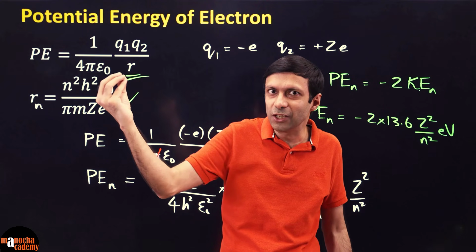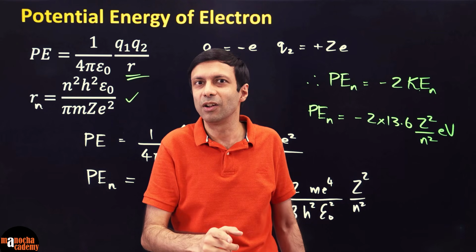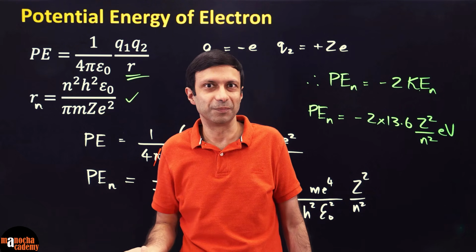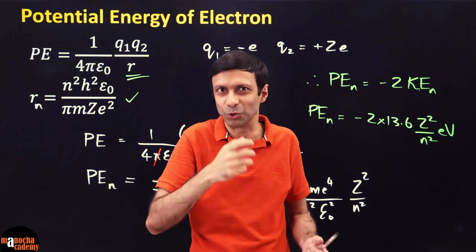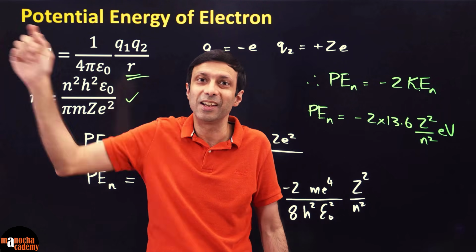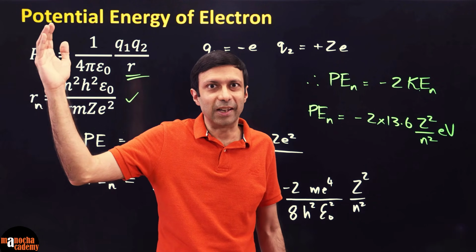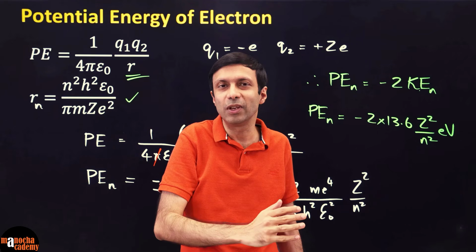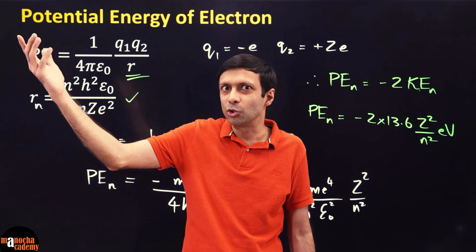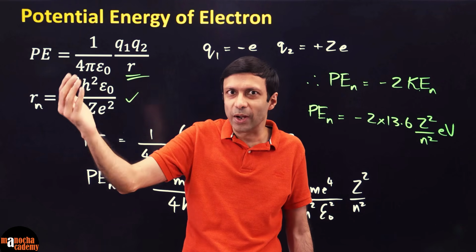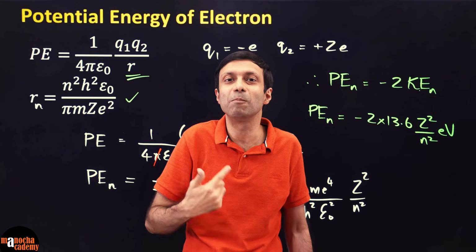And when you bring the electron close to the nucleus, do you need to give it energy or does it lose energy? We know that to remove an electron from the atom, to take it from the nucleus to infinity, we need to supply energy, right? And so in reverse, when the electron comes from infinity to the nucleus, that means it gives away energy. But at infinity, its energy is zero. So if it keeps on giving, let's say, 1 electron volt, 2 electron volt, 3 electron volt as it comes down, it is becoming minus.